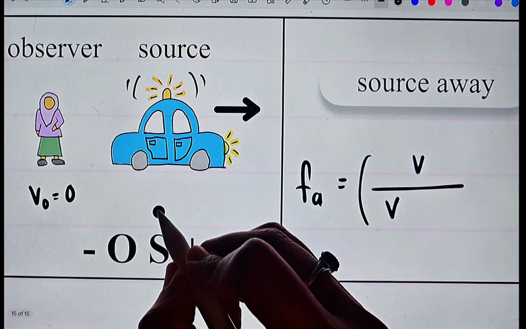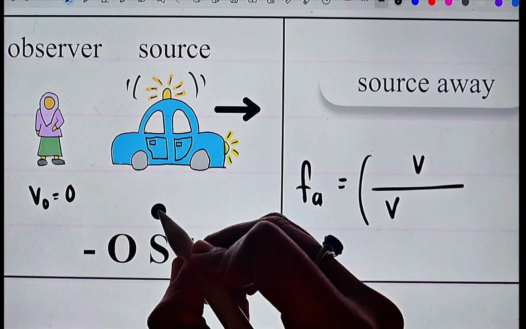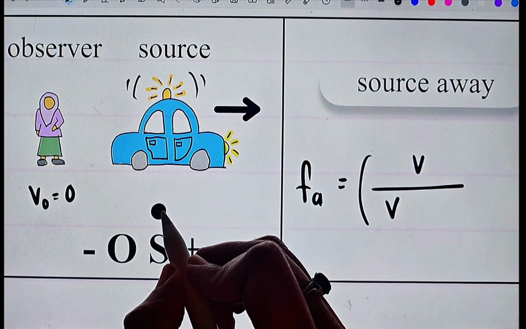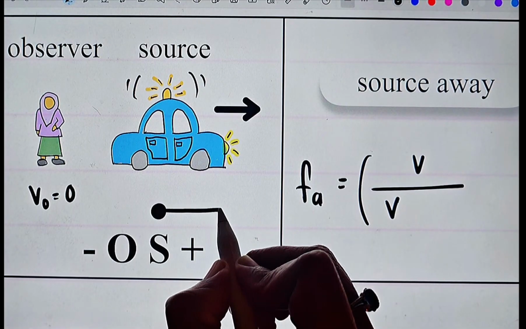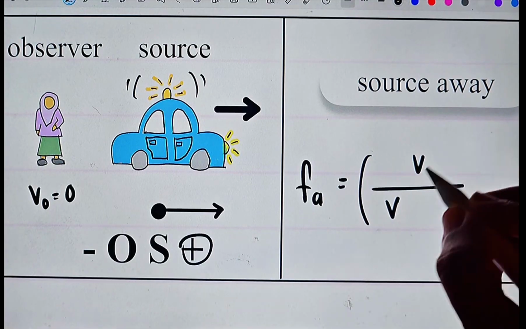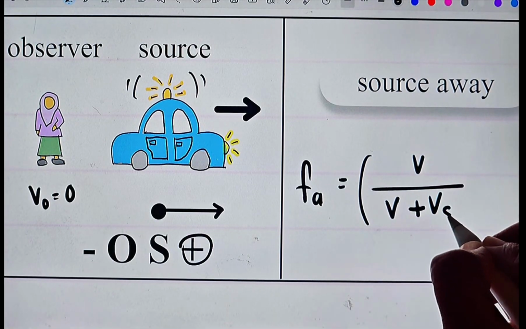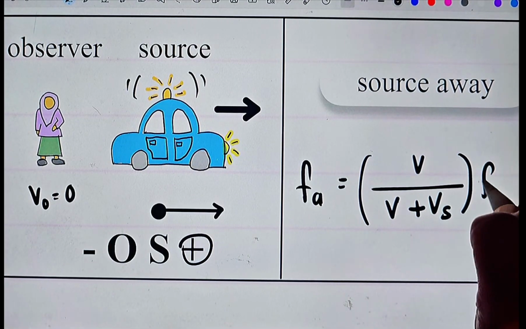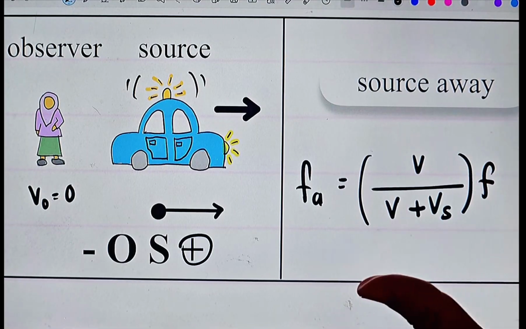Let's see, I'm going to put the dot on the S, which is the source, because from here, I can see that it is moving away from the observer. So I got plus V for the source, times the actual frequency.